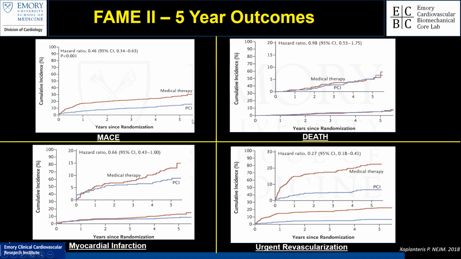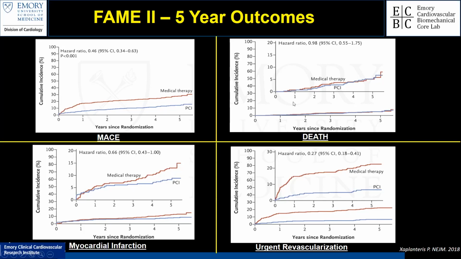Now, what about intracoronary hemodynamics? Measurements such as FFR. Among patients with significant FFR, the primary endpoint of MACE was significantly lower in the PCI arm compared to the medical therapy arm. However, these results were primarily driven by a significant reduction in the need for urgent revascularization.